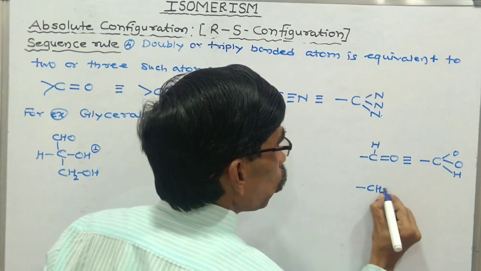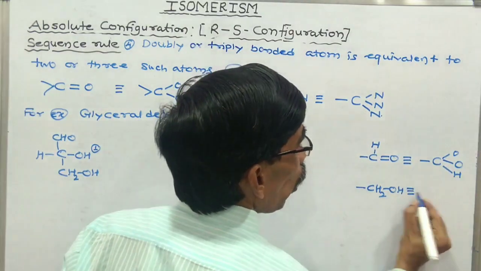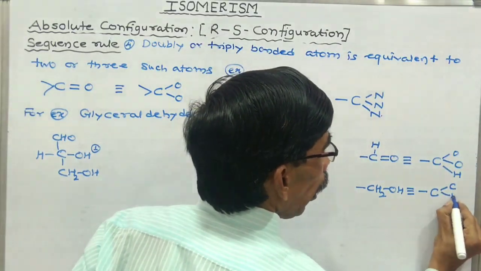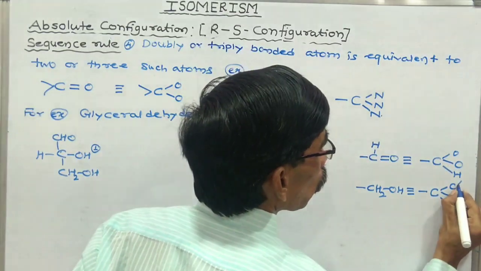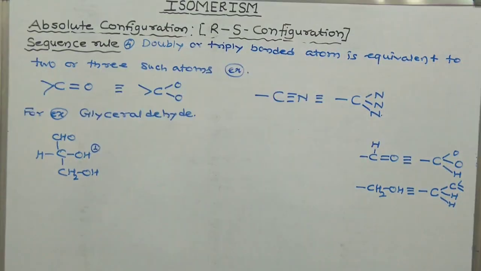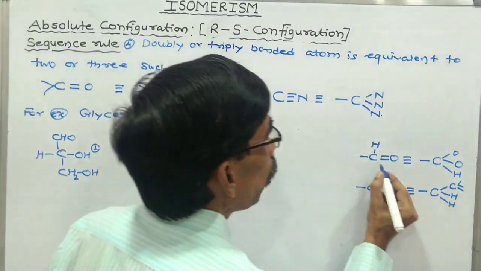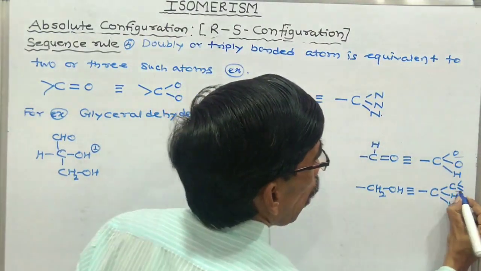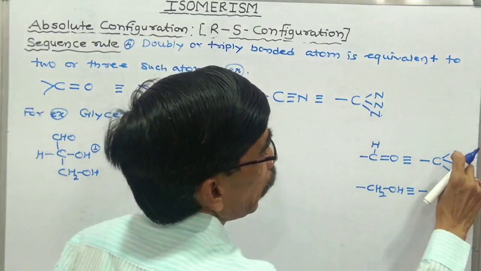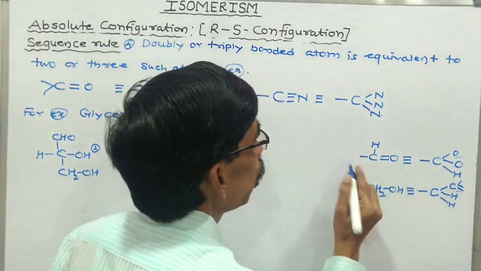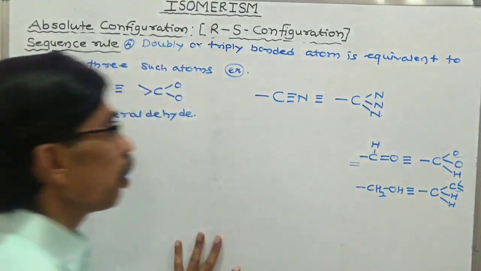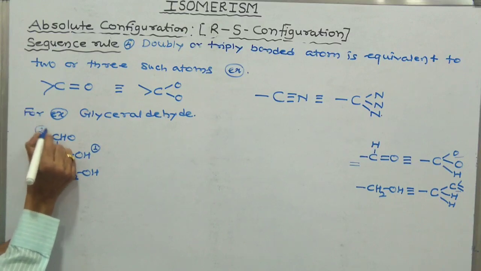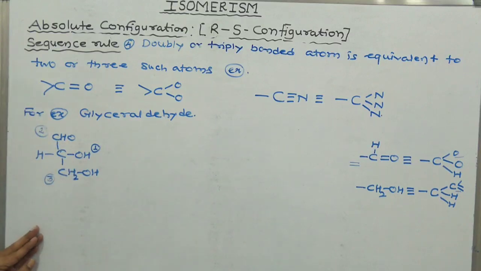Similarly, the CH2OH is equivalent to, on the C, C, H, H. So in the CHO, the second atom is oxygen, and here the second atom is carbon. Therefore, oxygen has a higher atomic number than carbon. Therefore, the CHO group has higher priority than the CH2OH group. Therefore, the second priority is the CHO group and the third priority is CH2OH.